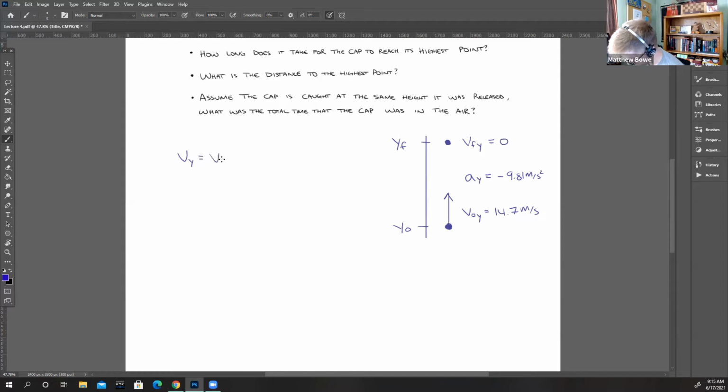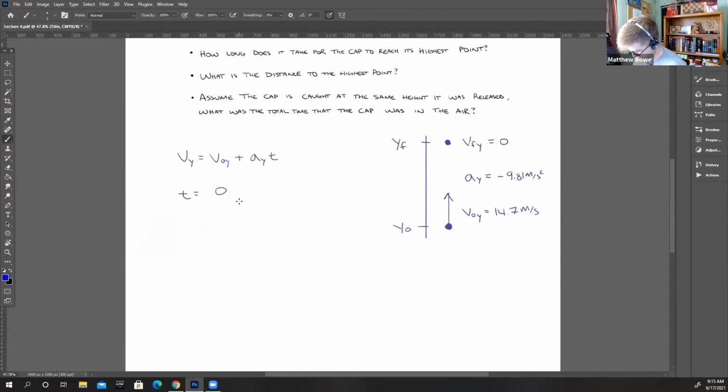This is just about the same as the previous example, but we're expanding it to see what it looks like. Solve for the time.